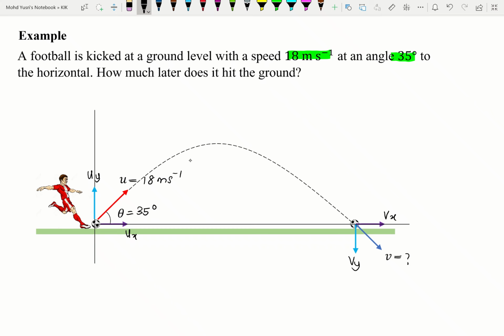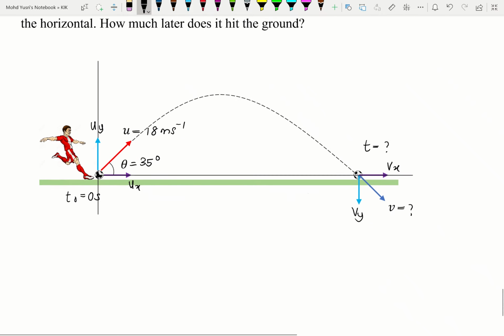If we take this point as the origin, we define the time at the origin as 0 seconds, while we want to find the time when the ball reaches the ground at this point. That time is unknown. After we draw this diagram with all the labels and the coordinate axes x and y, we should list the known values to make our life easier.